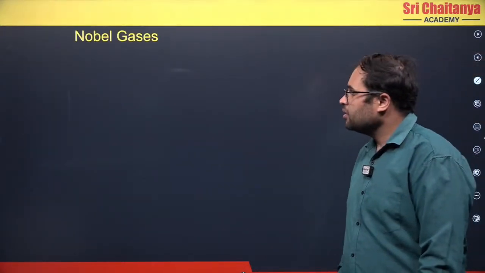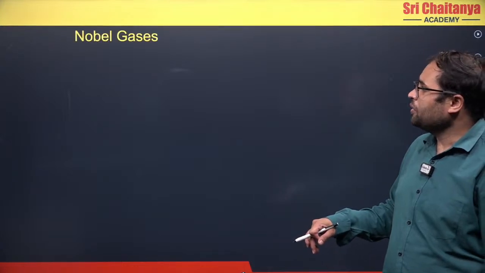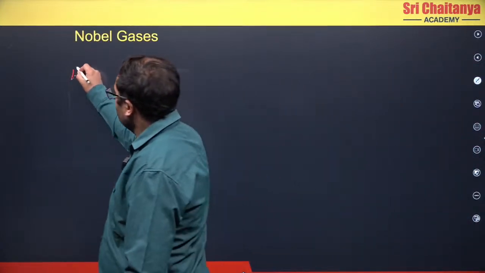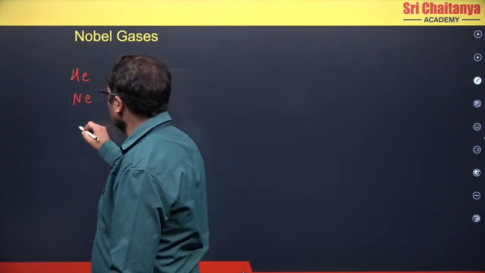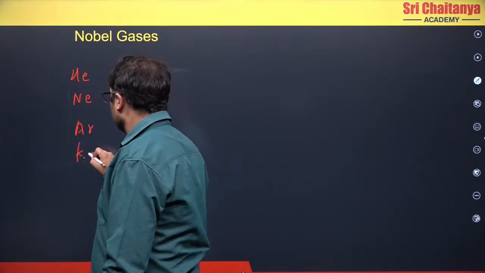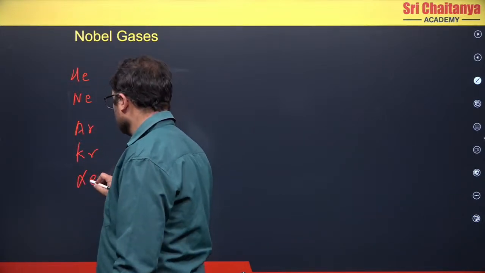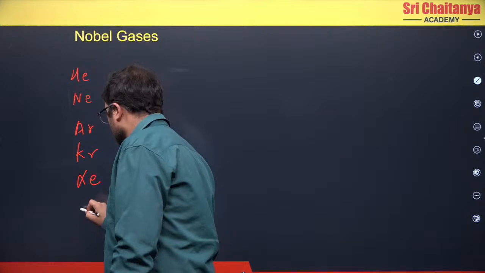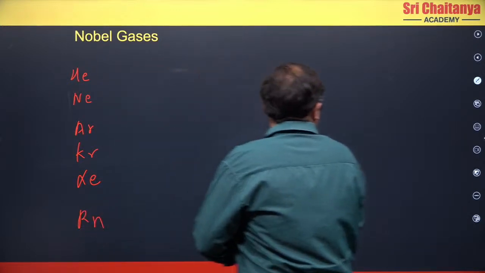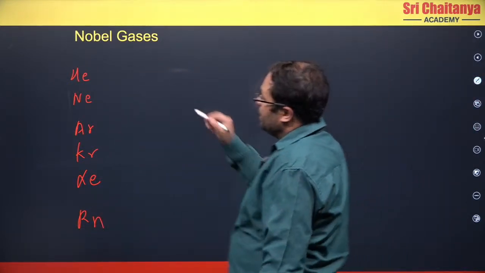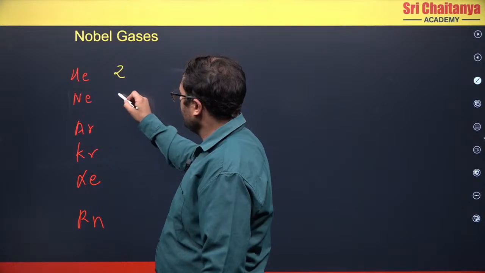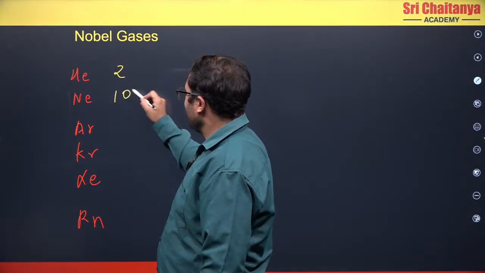Noble gases. So why are noble gases important, right? You have helium, neon, argon, krypton, xenon, radon, right? If I write their atomic numbers, helium is 2, right? Neon 10.